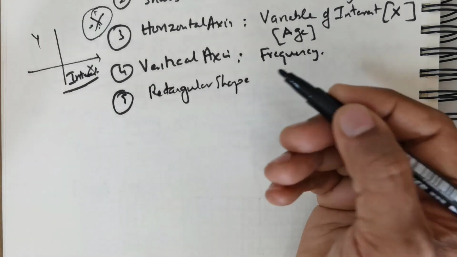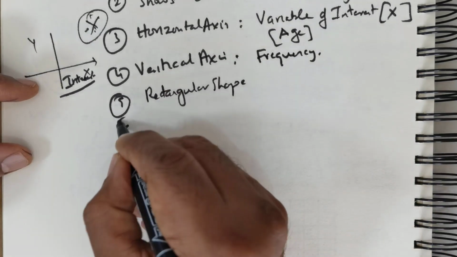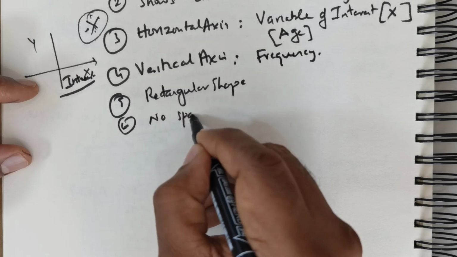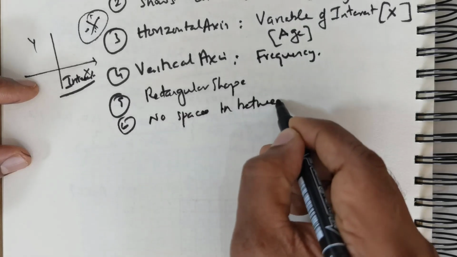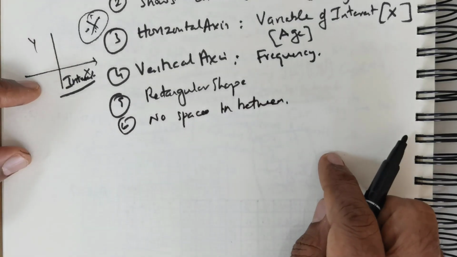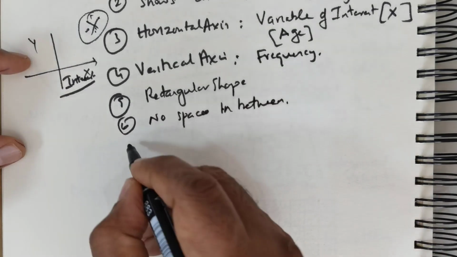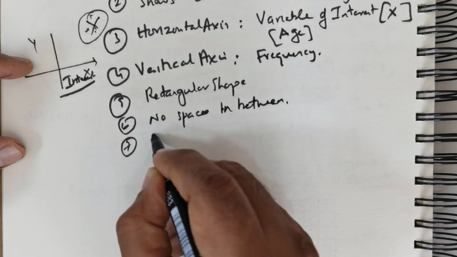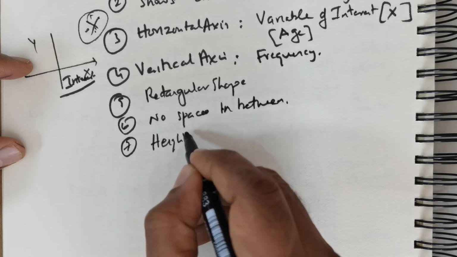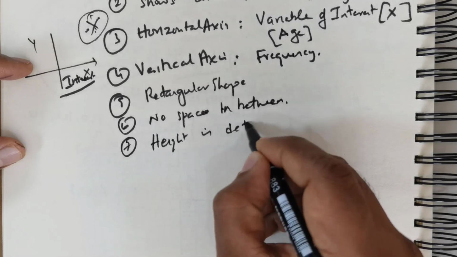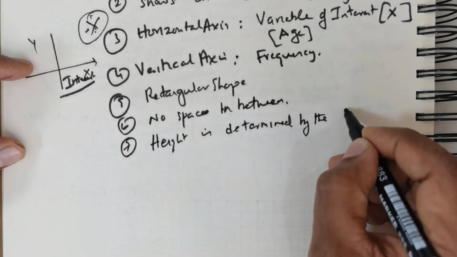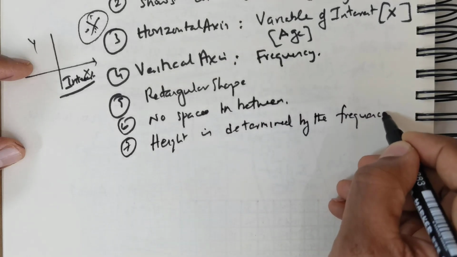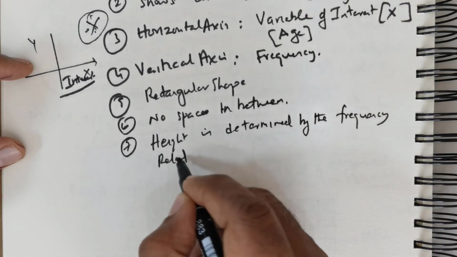That's the default one, and you should have no spaces in between. And of course the height is determined by the frequency. Now you can either use a frequency or you can use a relative frequency.